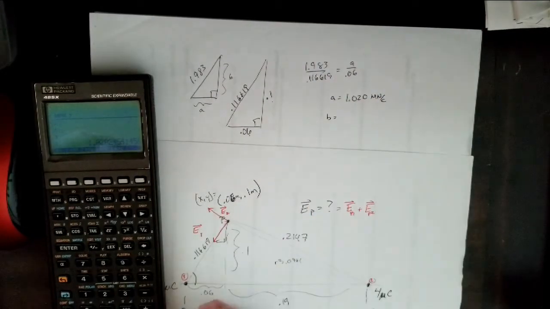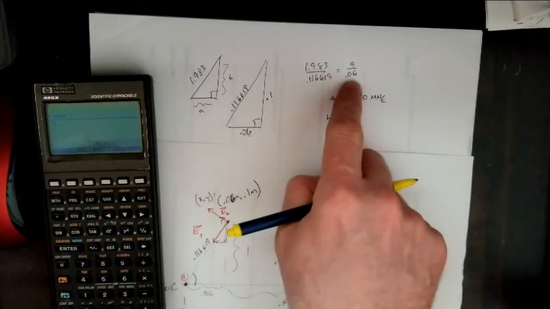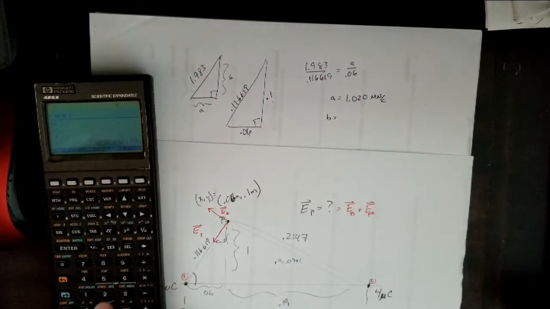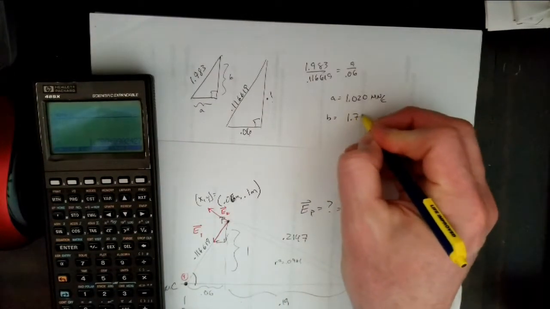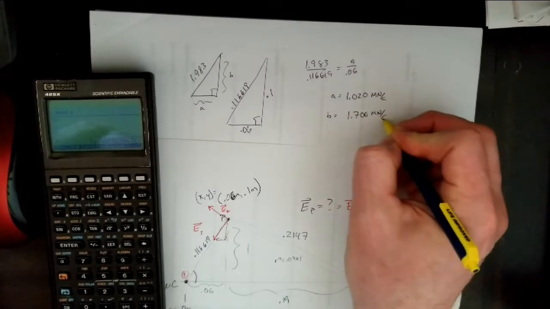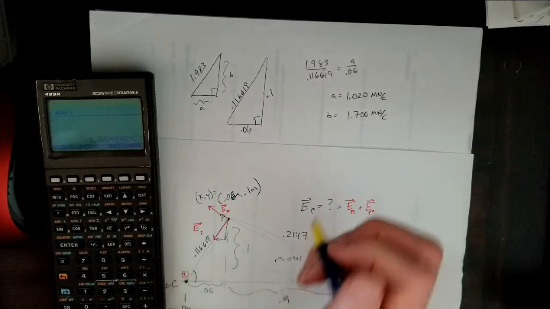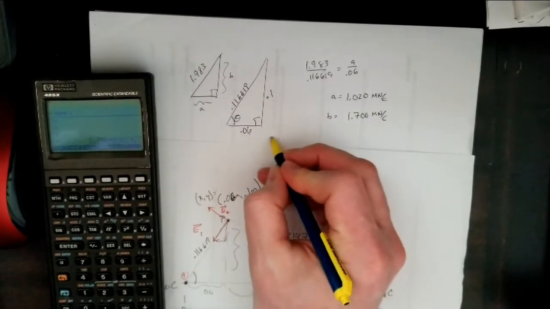And B is, well, instead of multiplying by 0.06, you multiply by 0.1, so 1.700 meganewtons per coulomb. Now, if I'd gone through and found the angle, this angle right here, we'll cleverly call it theta.